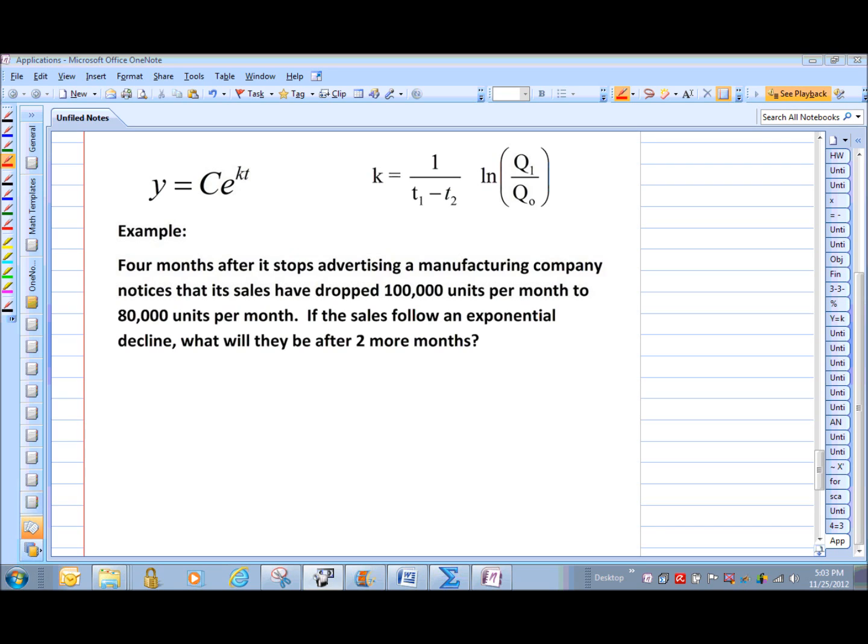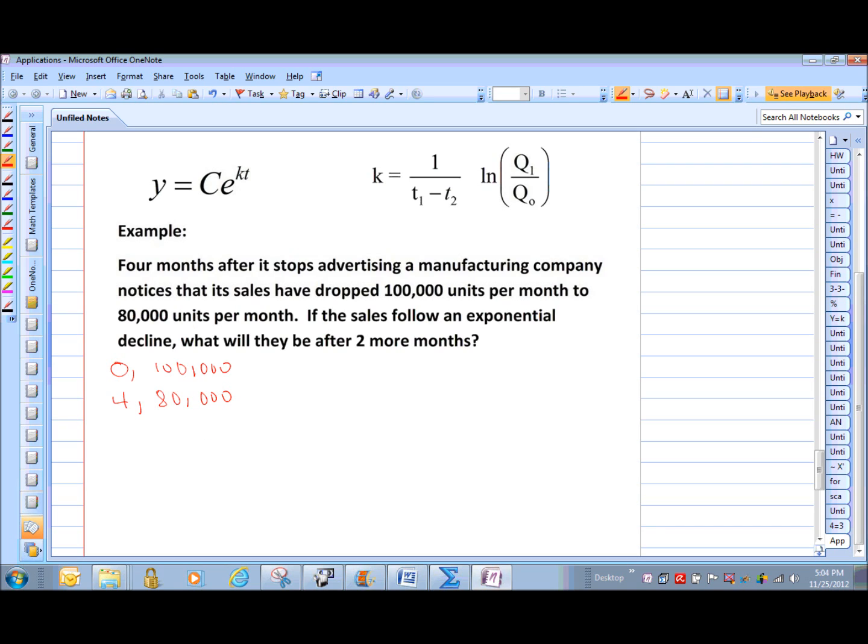All right, so let's take a look, and using our formula again, let's see what we have. We know that at time 0, we're going to consider our initial time, the sales were 100,000 units. We know that 4 months later, they had dropped to 80,000 per month.